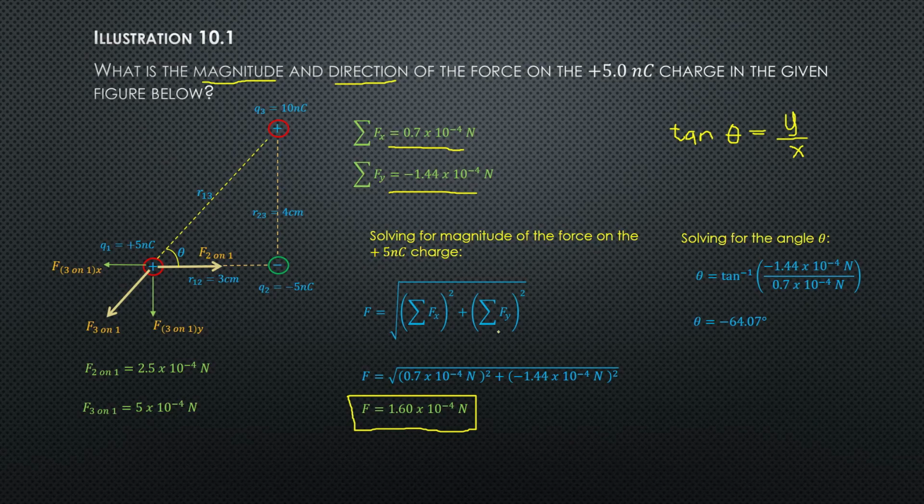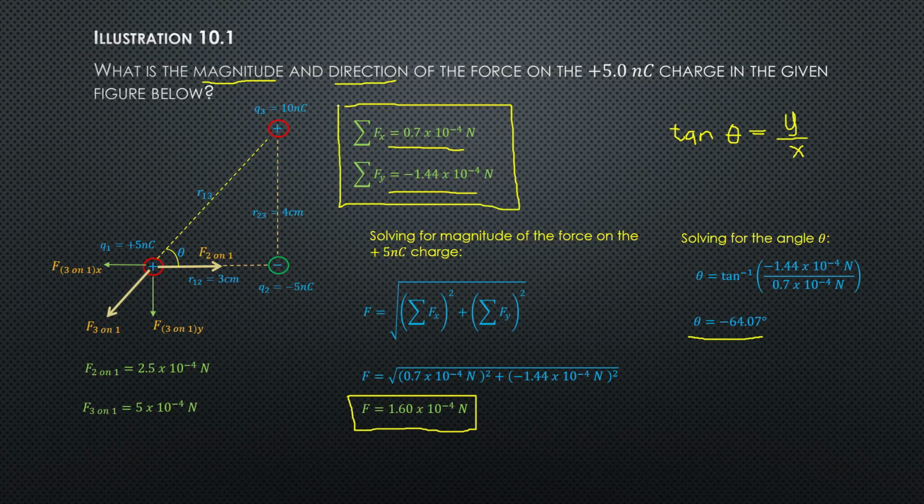So y is negative 1.44, shown here, then 0.7 positive, times 10 negative 4 newtons, and that will give us a value of negative 64.07. Now double checking the angle, negative 64.07, based on the x and y values.